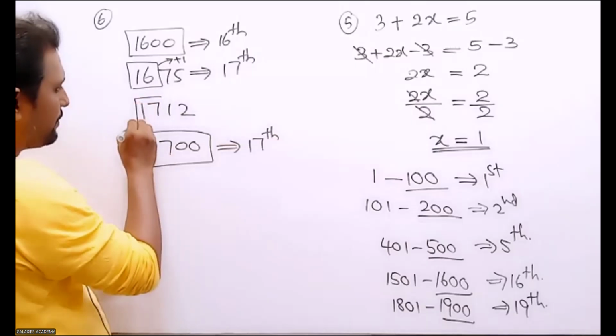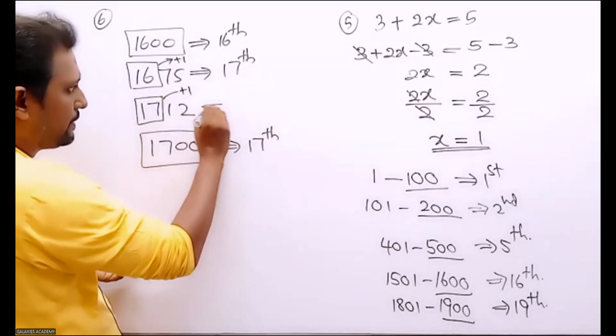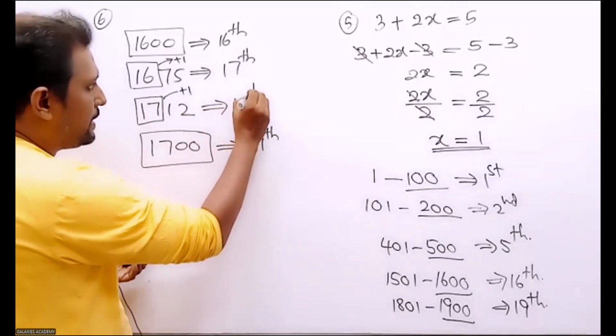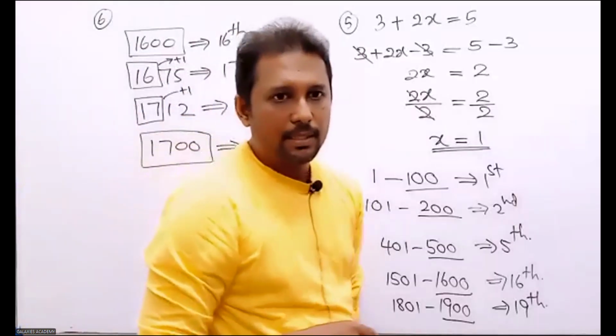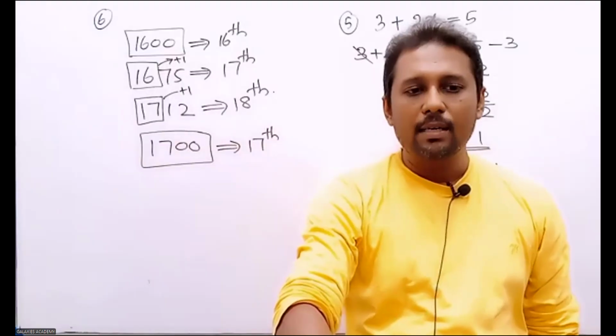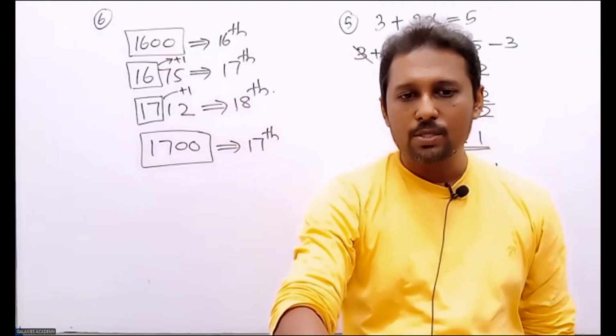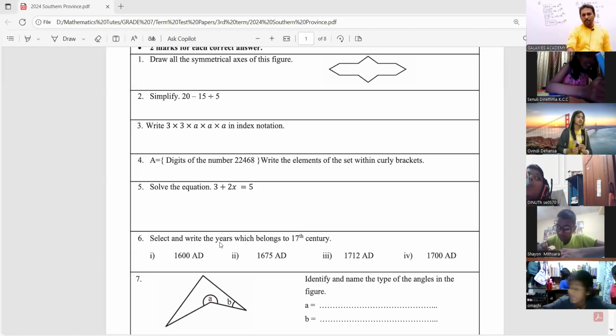So you check the first two digit number, then you have to add 1 here. Then what is the century? 18th century. Then what does the question ask? You have to select the years that belong to the 17th century. All those years you have to underline.